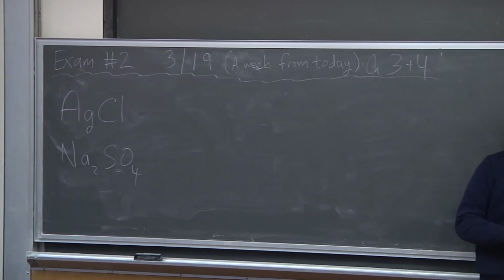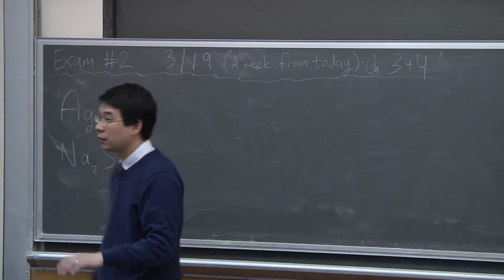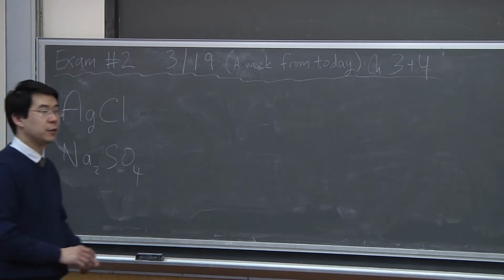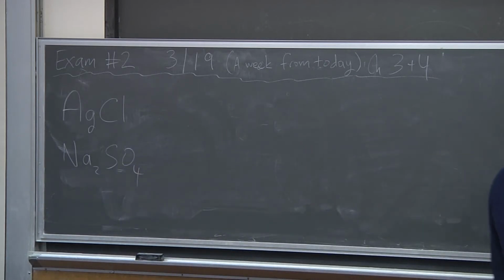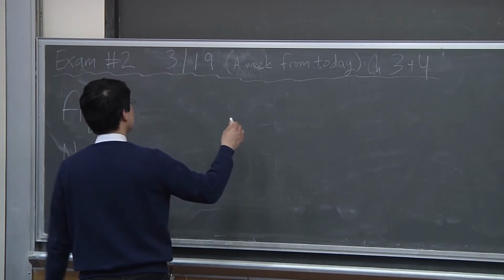But the better rule is... Is it because it's ionic and Na is soluble? Right, so all of your Na salts, all of your sodium salts, at least on this level in Chem 108, are going to be soluble. Most of your sulfates are going to be soluble, with some exceptions. Okay, let's see, what else?